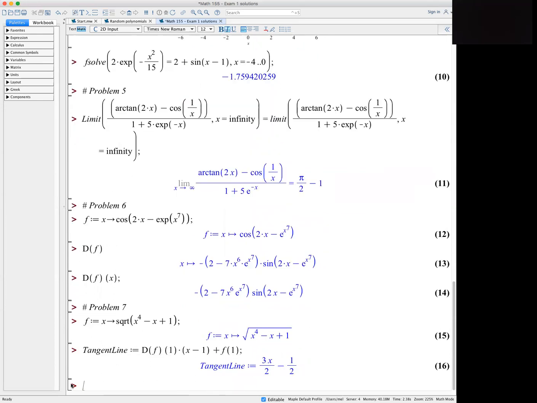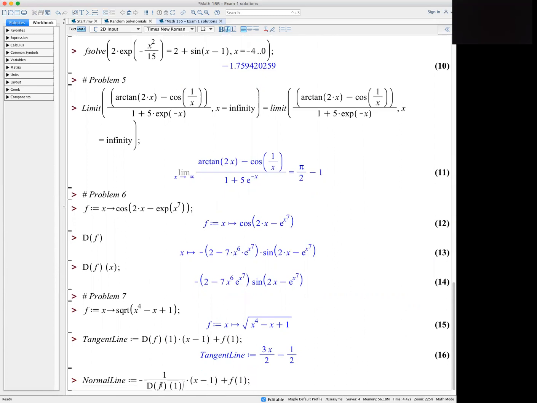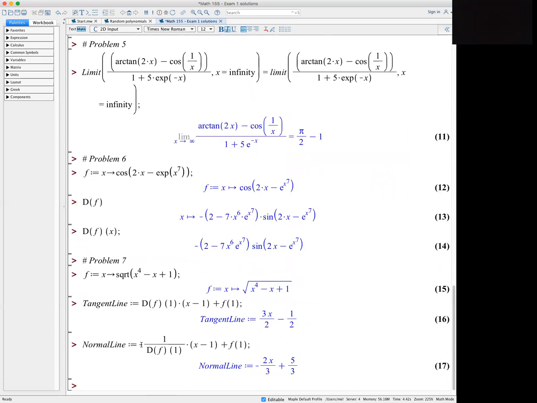That's the tangent line. Maple does all the work. And the normal line is almost the same. It's the line passing through the same point, but the slope is the negative reciprocal. So the slope should be minus 2/3, and it is.